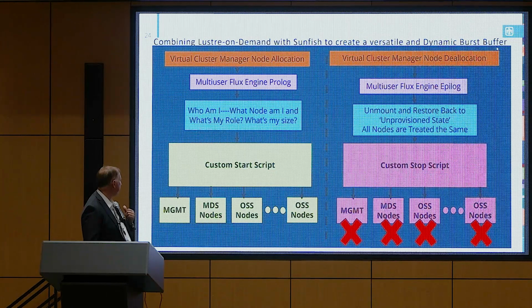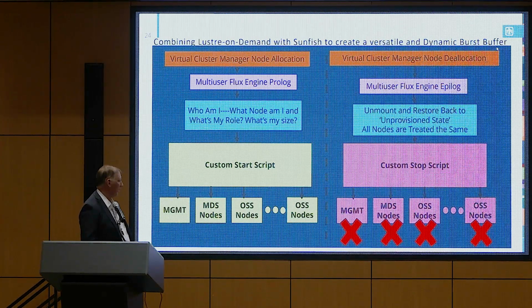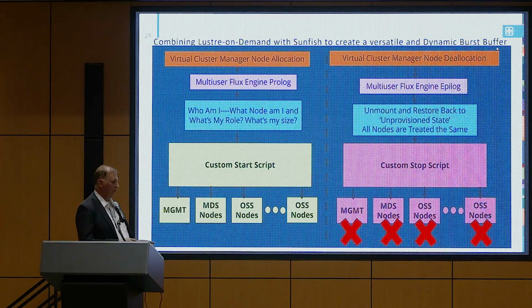I use a custom start script, and that allows me to add versatility if I want more management nodes or more OSTs, or metadata nodes and OSTs. I can make those adjustments there, and it makes it simpler to call from the prolog too. So it's a simpler operation. The prolog just says, okay, here's the parameters, and it sends it to the custom startup script, and that's how it gets deployed.